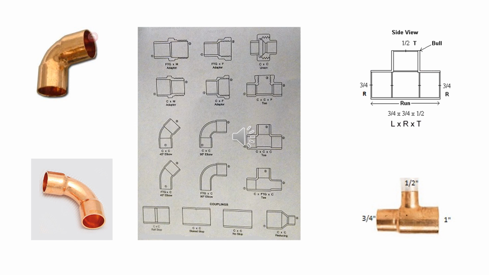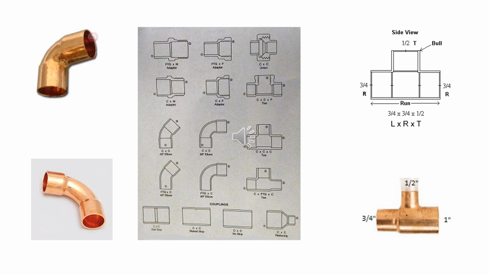The bull or branch is the top part of the tee. So to order a tee like that, you would say, I need a copper reducing tee that is 3/4 inch C by 3/4 inch C by 1/2 inch C. Tees where the run and the bull are not uniform are referred to as reducing tees.